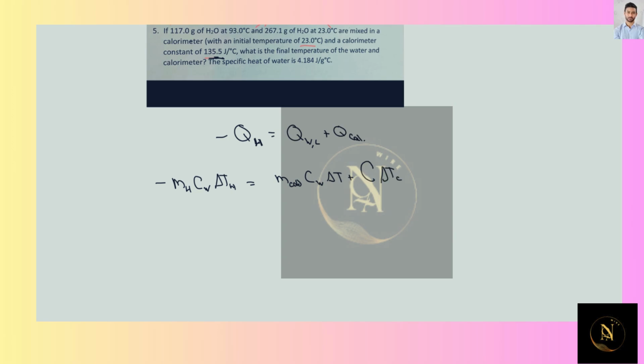In this case, what we can do is factorize directly the delta T from both of these quantities, and we're going to get this value of delta T.